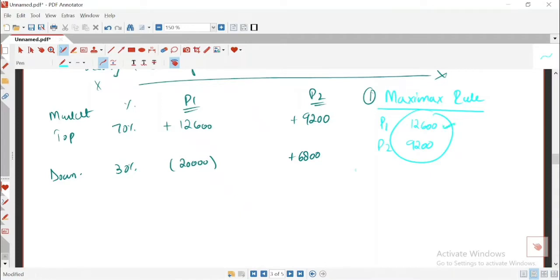So a risk pro or a risk seeker will go for project 1 because this is the controllable option.